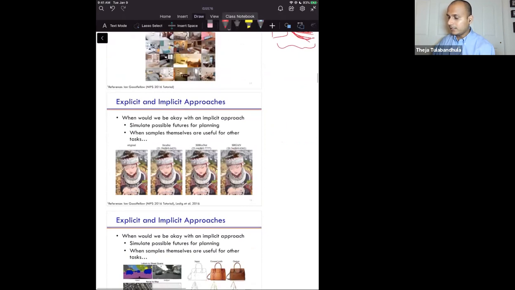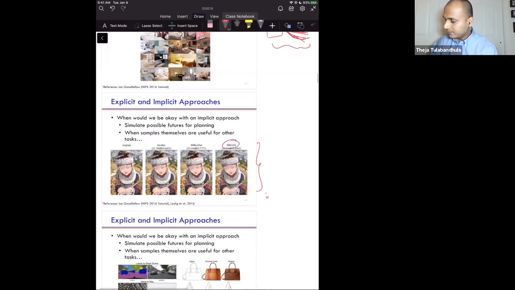Or here is an example of what is called an image super resolution task. What you have is a low resolution image, and what you're going to do is create a high resolution image from that image. Image to image.